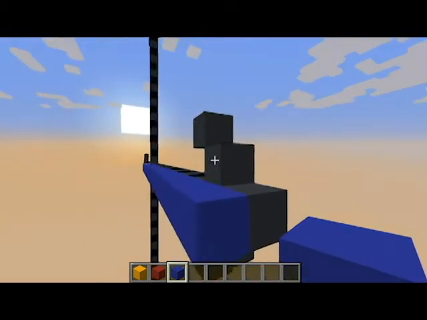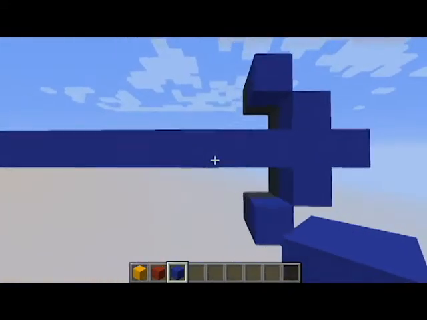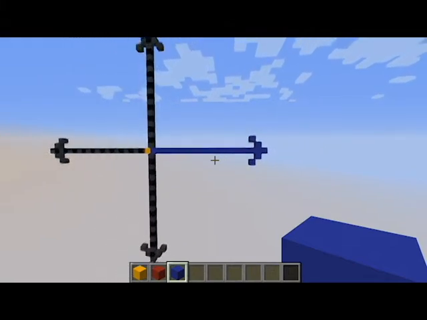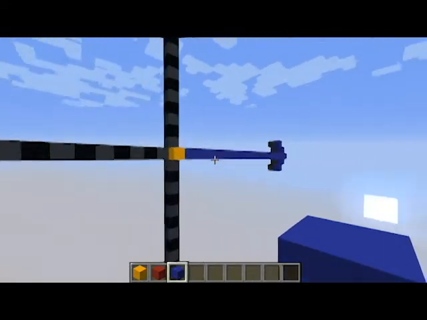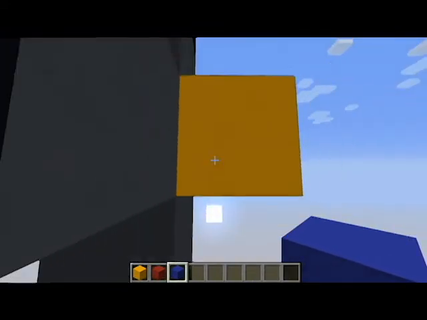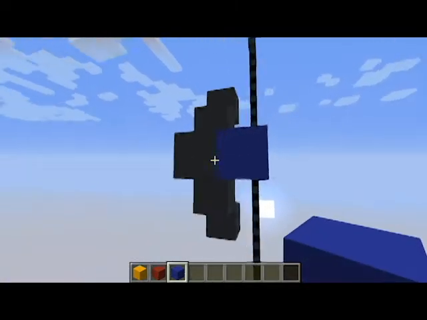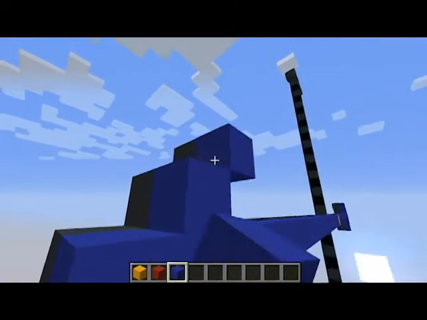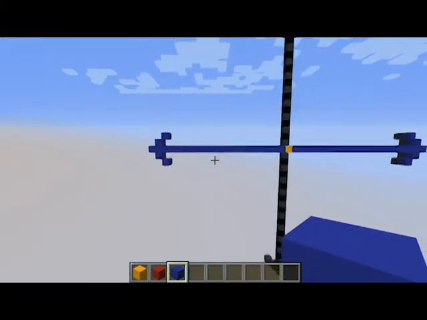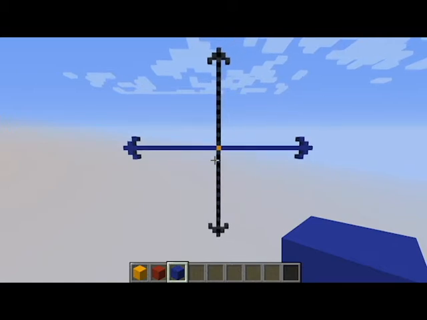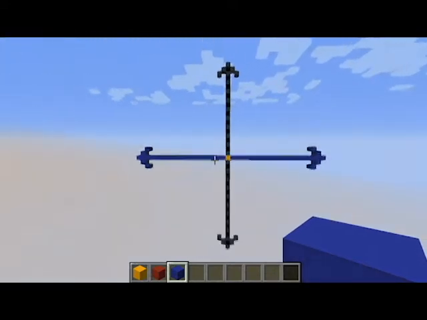It will run in both the positive direction, which in this case would be to the right, and in the negative direction, or to the left.